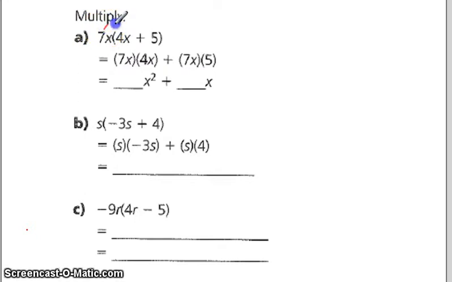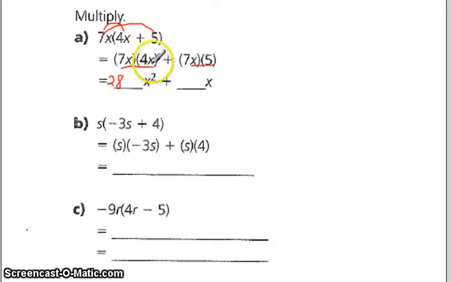We still do 7x times 4x, which is written here, plus 7x times 5, which is written here. The only difference now is we're multiplying letters or variables. So I just do my numbers normally. 7 times 4 gives me 28.